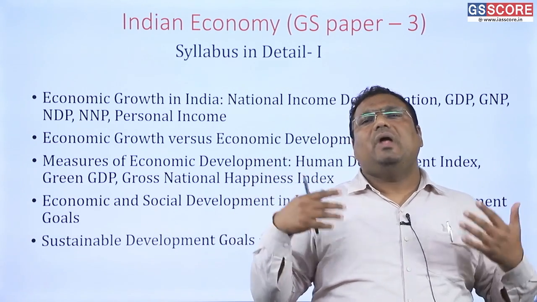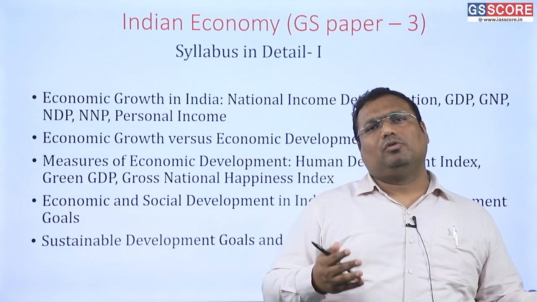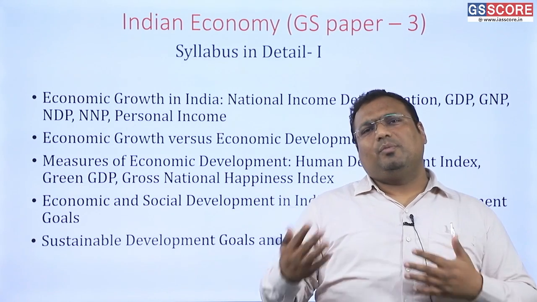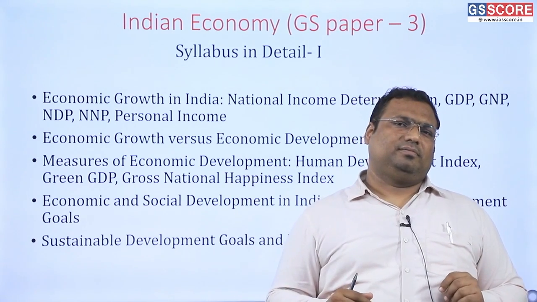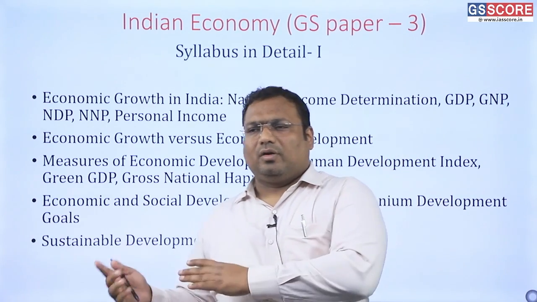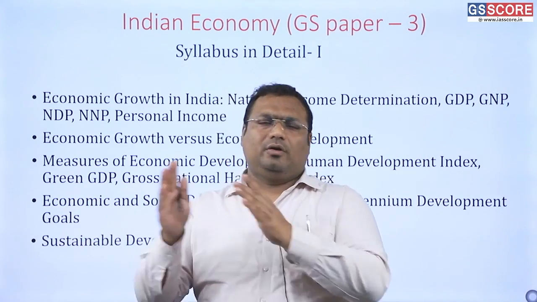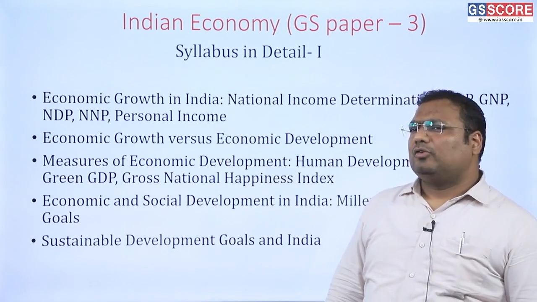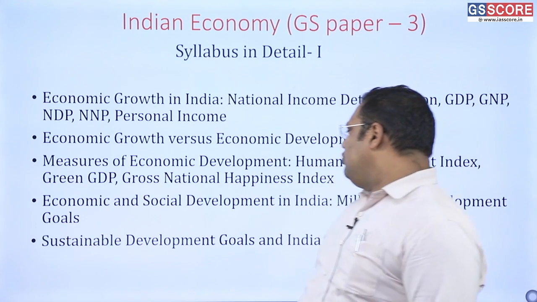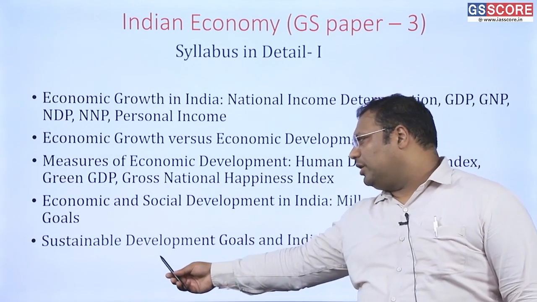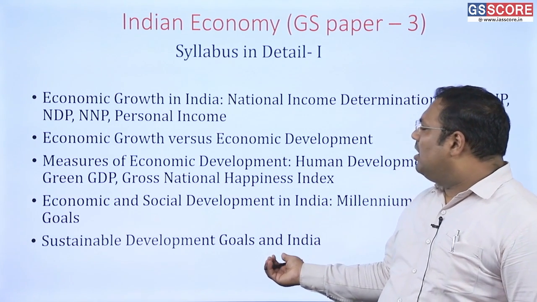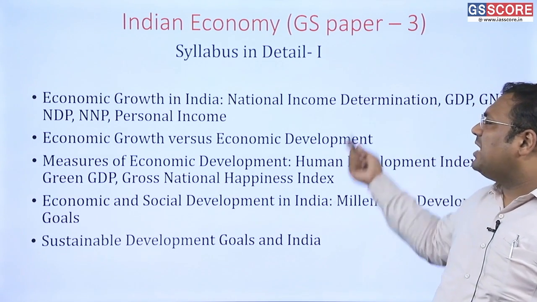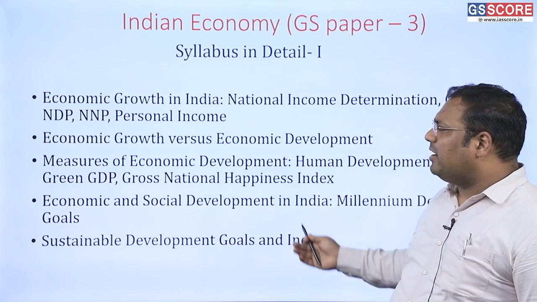The MDGs, Millennium Development Goals, and Sustainable Development Goals, SDGs, essentially cover these perspectives. They cover everything from environment to gender to poverty to inequality. All of these perspectives we also need to know, and we also need to be aware of the Sustainable Development Goals. That is all very important to begin with.